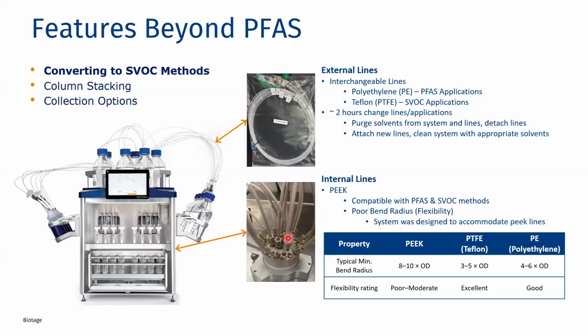It's very difficult to retrofit internal lines in a system with PEEK lines because they don't have great bend radius. You need to make sure that when you're designing the system, you're accommodating the poor bend radius of these lines. That's something we were able to do, which makes this system very powerful because it can switch from PFAS applications to SVOC methods.